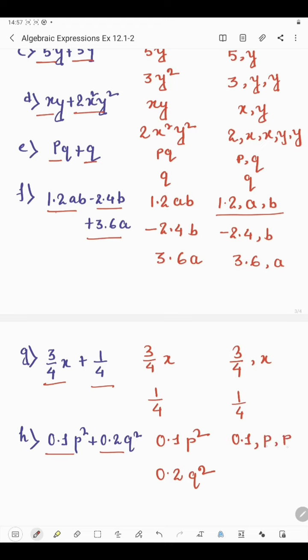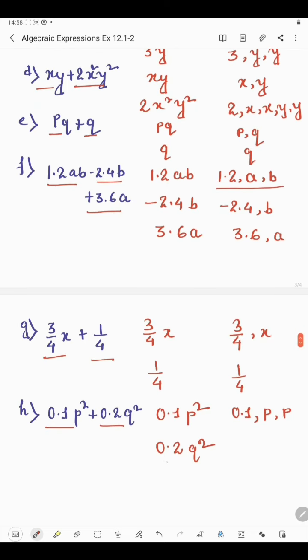So when you multiply p and p you will get p square, and p square multiplied by 0.1 is 0.1 p square. Similarly, to get the factors of 0.2 q square, we'll just multiply 0.2 by q and q, because q and q is q square, and q square multiplied by 0.2 is 0.2 q square.